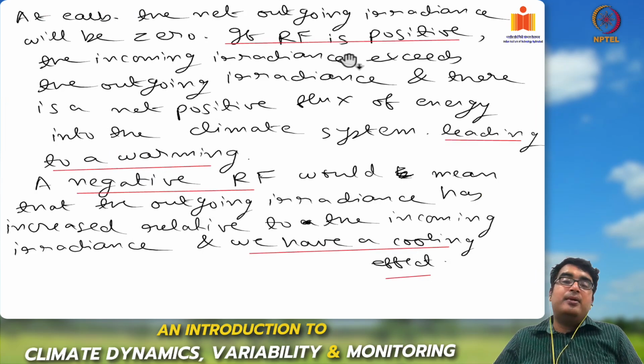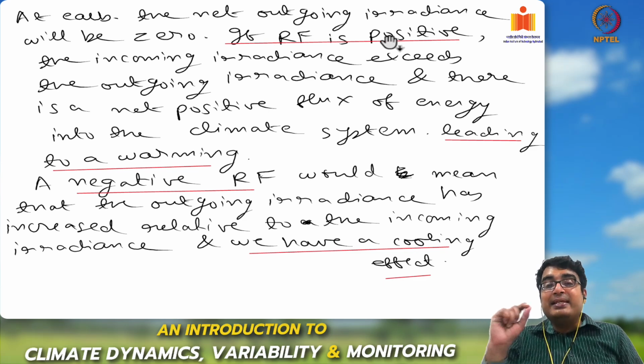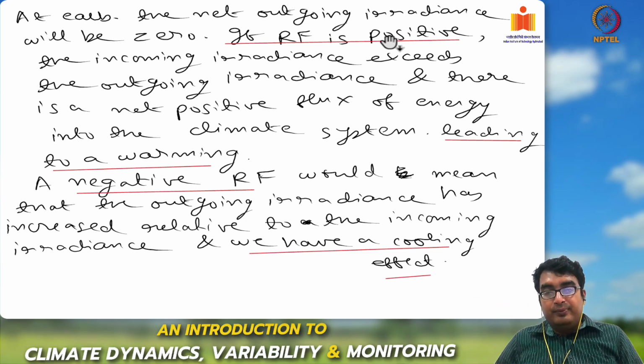So, when the radiative forcing is positive, we actually have a decrease in the net outgoing irradiance. What this means is the incoming irradiance from the sun, which is being absorbed, exceeds the outgoing longwave radiation, and there is a net positive flux of energy into the climate system.